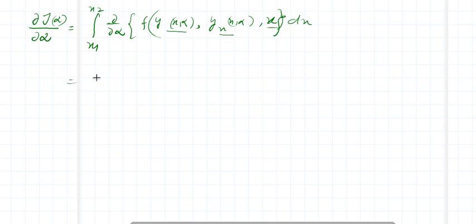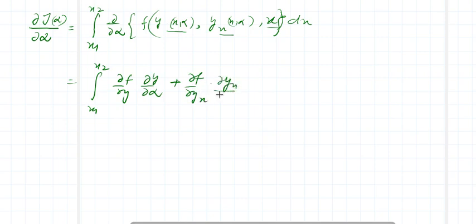So it is the integral from x1 to x2 of the partial derivative of f with respect to y, and y again depends upon alpha, so I can write partial y over partial alpha, plus partial f over partial y' and partial y' over partial alpha, right?